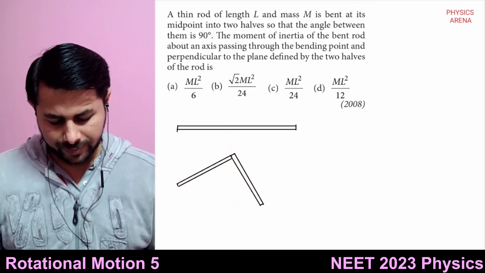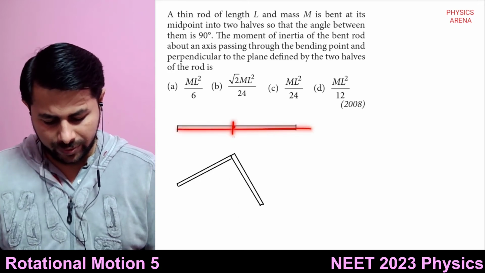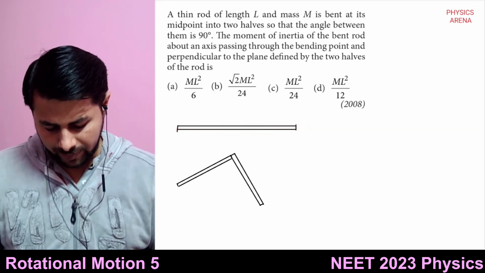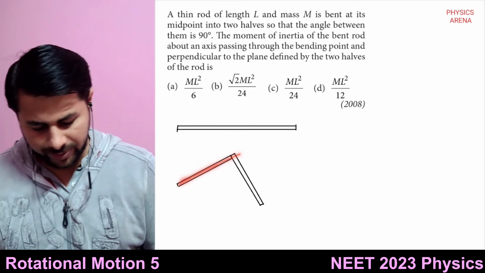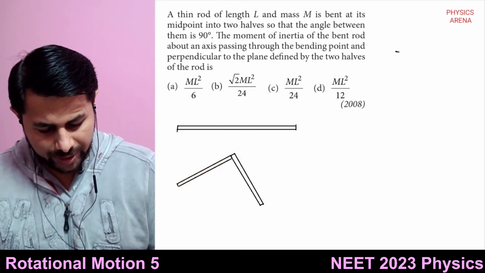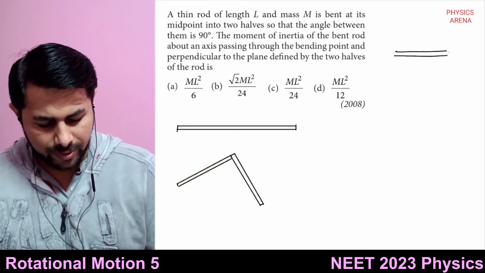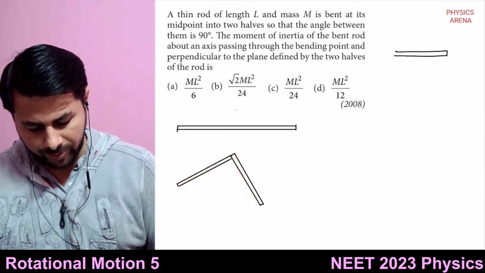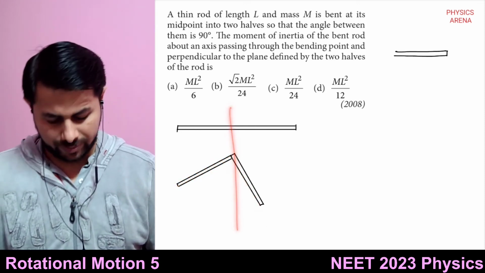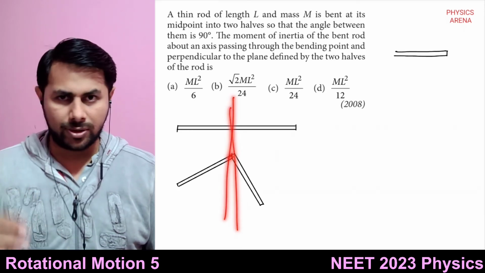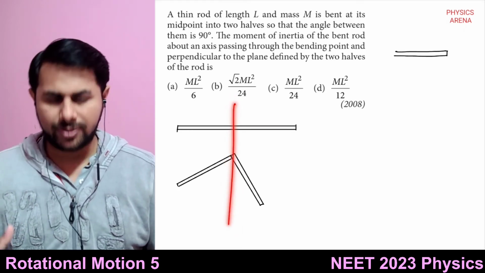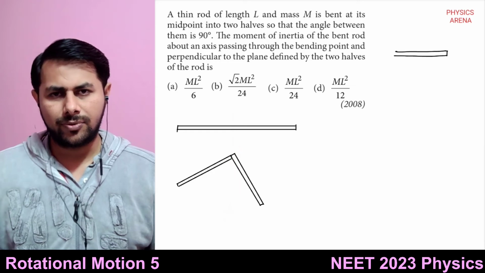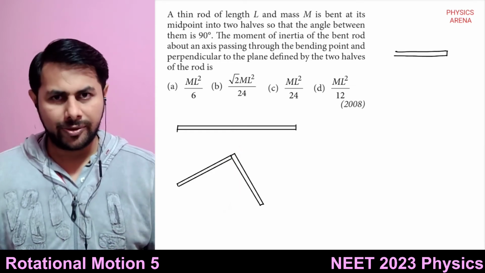Now let's find the moment of inertia of these two rods about this axis, which is perpendicular to the rods and passing through this point. For both of them it will be equal.